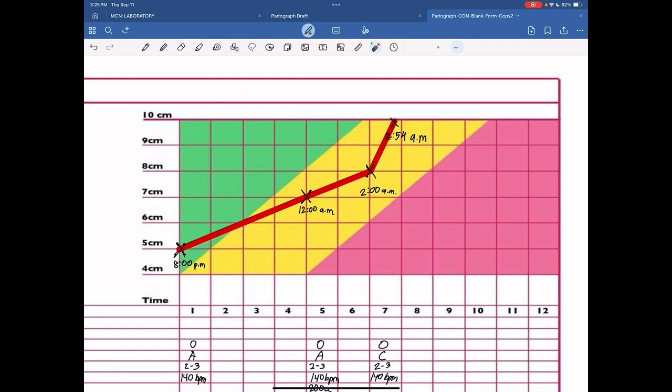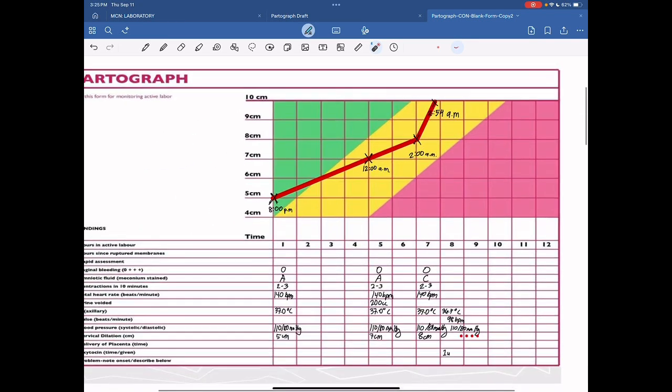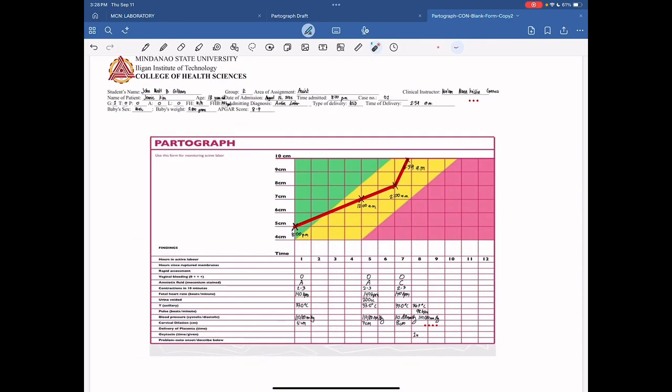This includes transferring Jenny, or the mother, to a higher level facility, or giving oxytocin to the mother to induce labor, or it also suggests that the mother might need a cesarean operation for delivery. So this is now the complete partograph of Jenny Kim's labor and delivery.